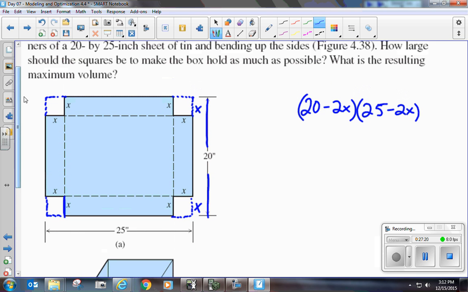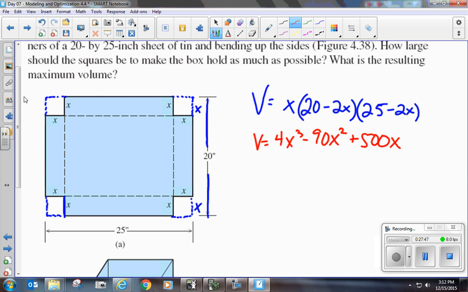And volume, well, that's just length times width times height. Alright? And to save you guys a bunch of time, I'm going to FOIL that out for you. If I FOIL this all out, I will get volume is 4x cubed minus 90x squared plus 500x.